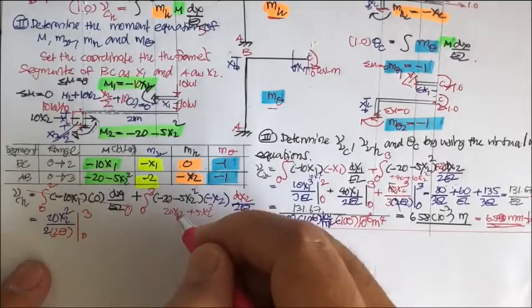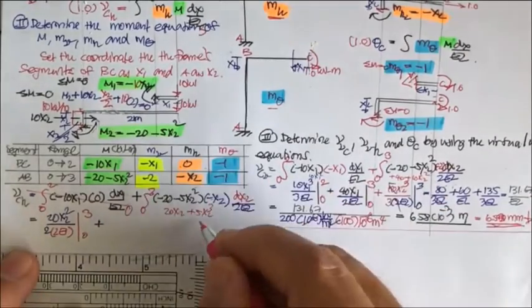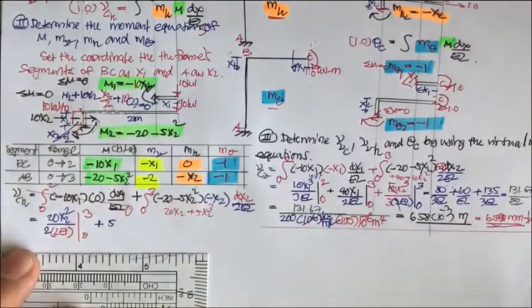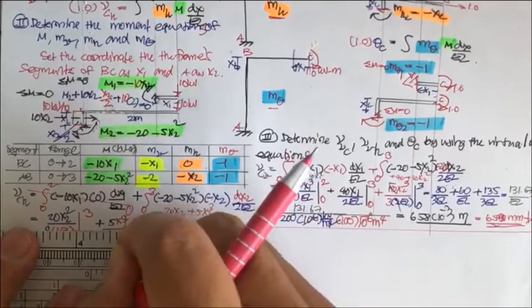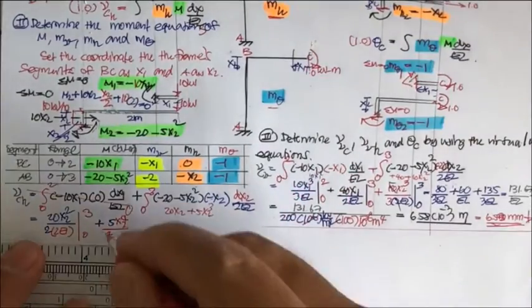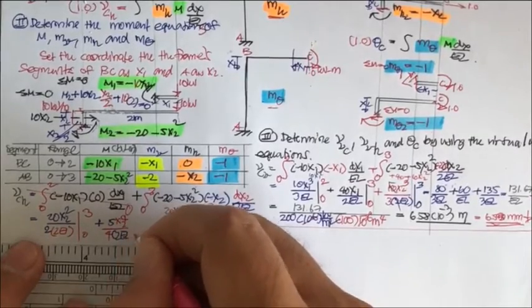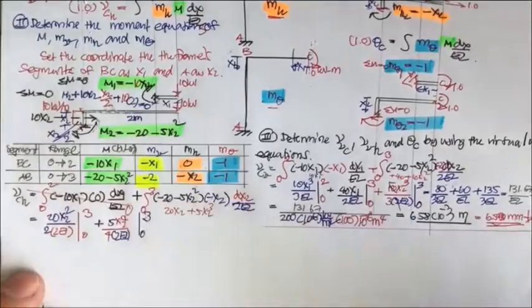Next, this is going to be plus 5, and this is going to be x2 power 4 divided by 4. Okay, and don't forget about 2EI, and that's integration from 0 to 3.